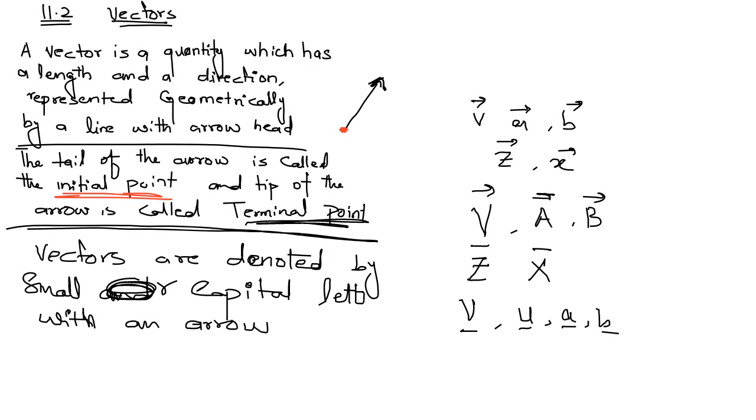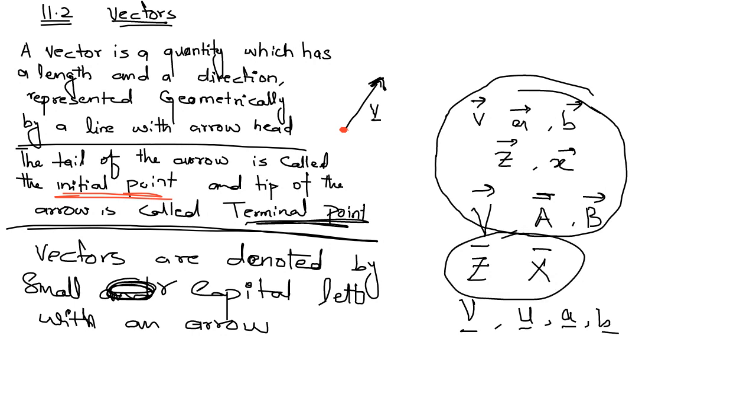So this is the representation. You can represent either the arrowhead or the line down, you can represent a vector. For example, I say this is a vector V like this. So this is the representation of the vector, and you can denote it by using any of these. Okay, so this is the introduction.